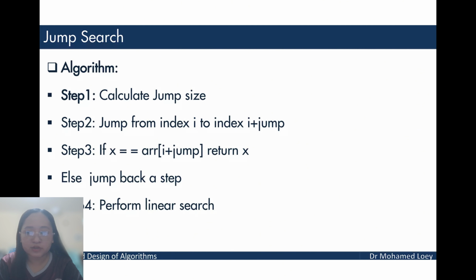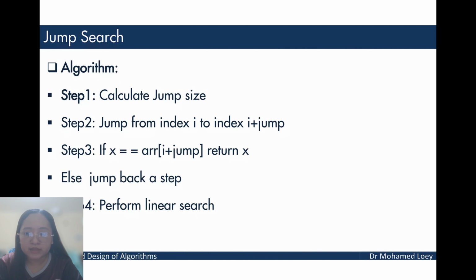Then we start at the first element, and we jump ahead using that block size. We keep jumping until we land on a value that is greater than or equal to the target.